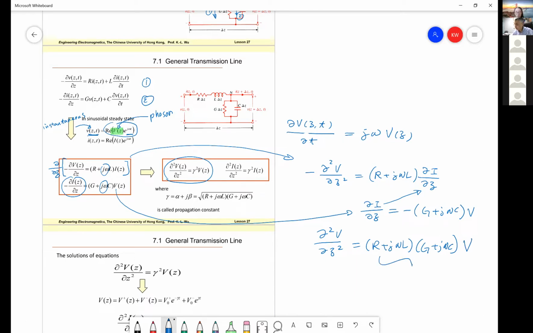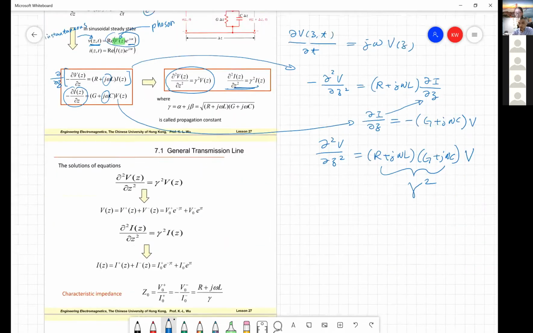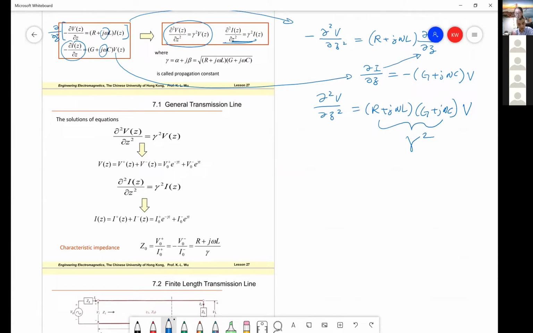I define this as gamma square. All right, so this is the equation for voltage. Similarly, you can find the equation for current. The lucky thing is this is a single variable differential equation.